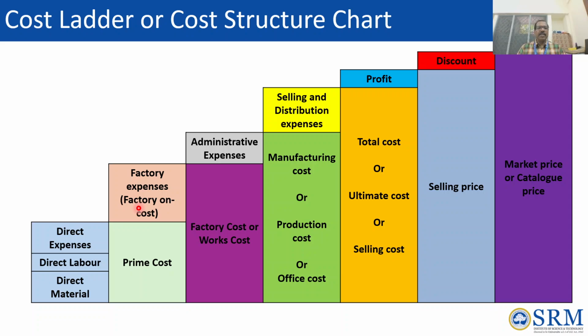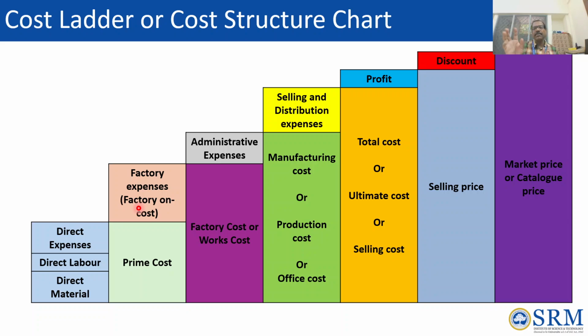Sometimes we may give direct cost, indirect cost, administrative expenses or electricity charges, and distribution cost. So you have to add each element to the particular component.